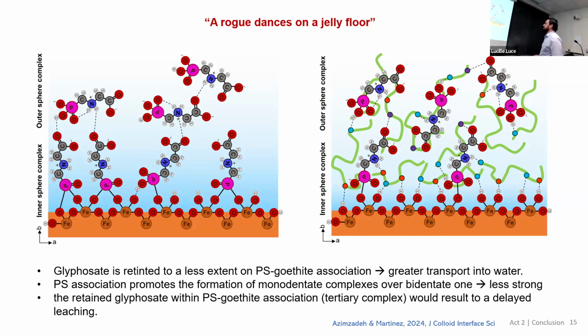In the polysaccharide-goethite association, that means we're going to have greater transport of glyphosate into water. And polysaccharide association promotes more monodentate binding, which is less strong. And for the retained glyphosate, the interpretation from those data is that it could be possible to have delayed leaching.